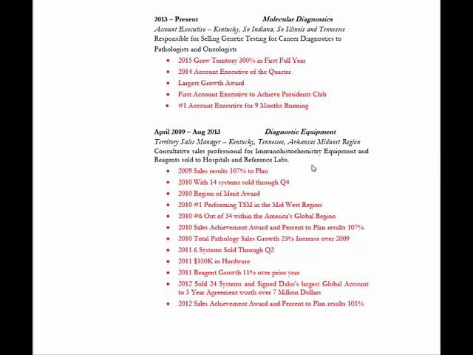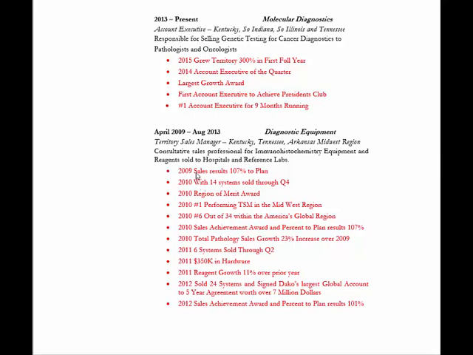So this gentleman says, I sell capital equipment and reagents, and I sell them to hospitals and reference labs. So I have relationships with hospitals and reference labs, and I know how to sell capital equipment and reagents. That's all you have to say. You do want to accomplish that in the first line after the company. Then the rest, just like this gentleman has here, can be in chronological order.